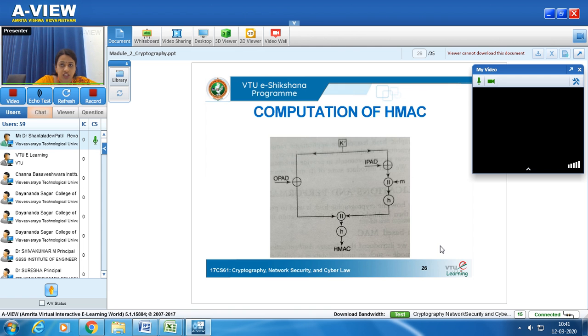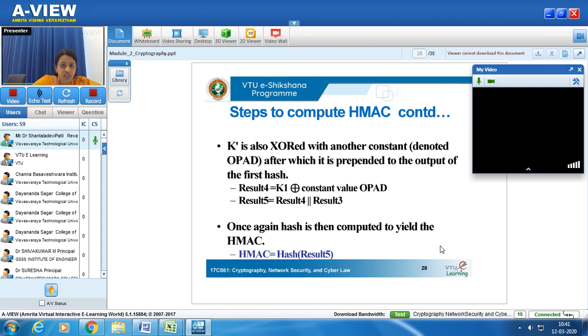We need to concatenate them. Result 4 is prepended, attached in the front of result 3, in order to get result 5. Once again, a hash is computed over result 5 in order to yield the HMAC.